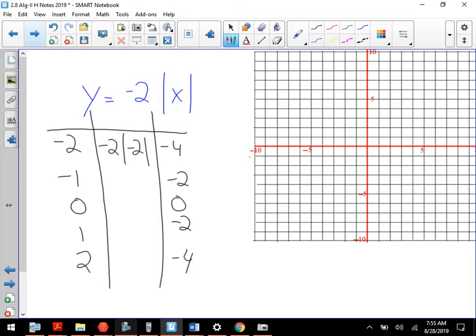Okay. Now notice what happens with the graph. It's upside down now. So we have -2 and -4.